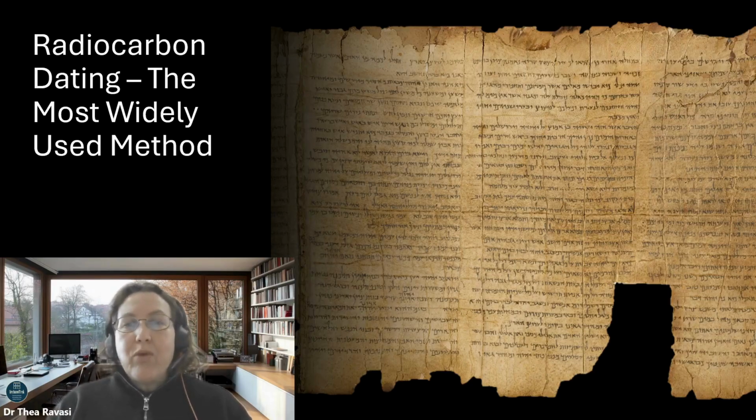Radiocarbon dating is the most common absolute technique. It measures the decay of carbon-14 in once living organic materials like wood, seeds, bones, or charcoal. Because C14 decays at a known rate, we can estimate how long ago the organism died. It works best for samples up to around 50,000 years old.